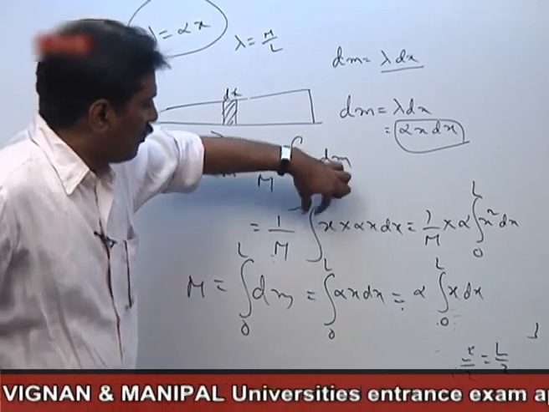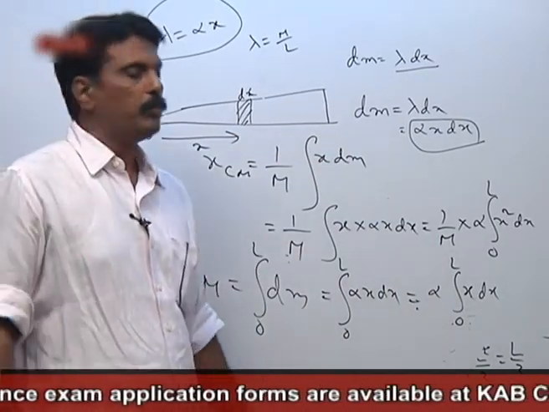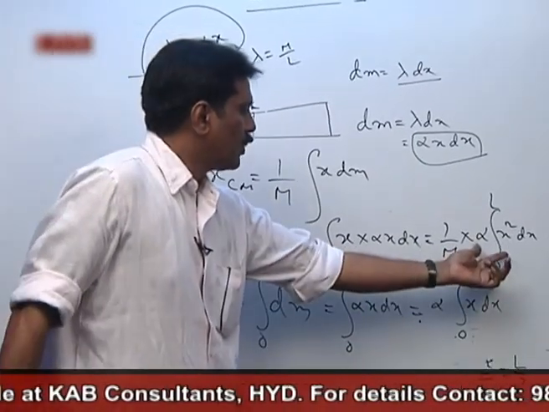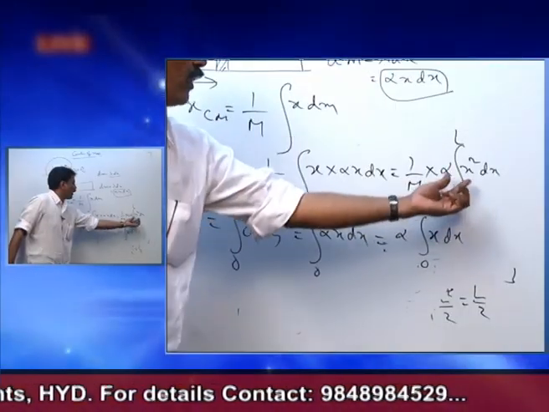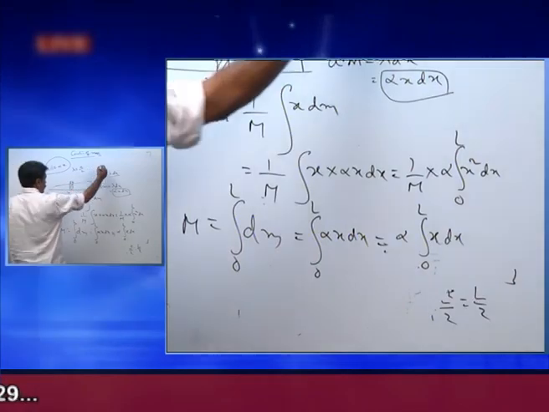So, you got the value for the numerator, and you get the value for the denominator. In both the values, you got now 1 by m into this will be equal to alpha L cube by 3 into 1 by m. I will write it here.